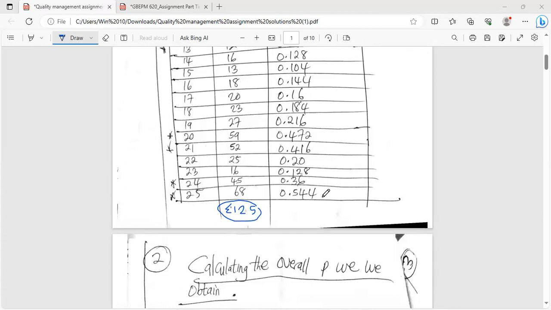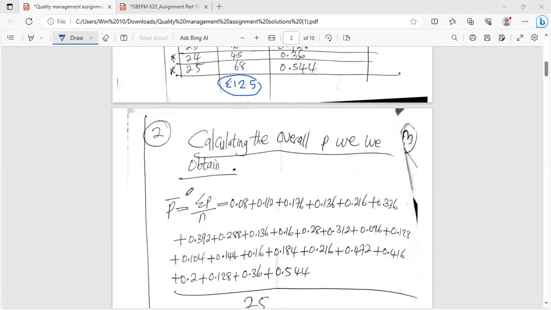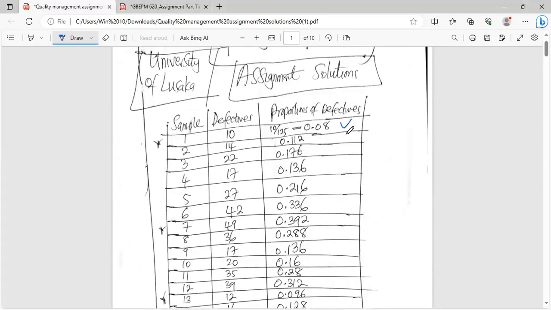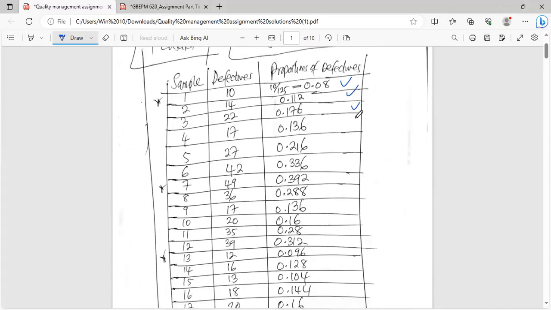From these proportions, we now look at the proportion of defective items. Now getting down to the overall proportion, we take the sum of each of these proportions to find the mean of the proportions. So we find the P bar, which is the mean of the proportions.